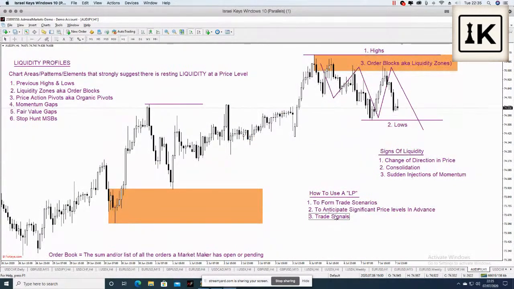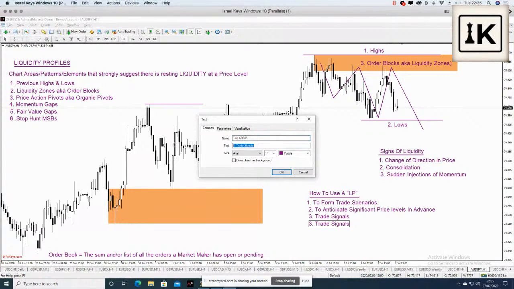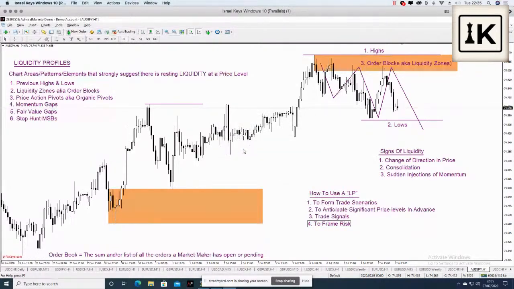Trade signals. Number 4. You can use them to frame your risk. Many times you will see me put my stop loss on the other side of an order block. I'm using it to frame my risk.